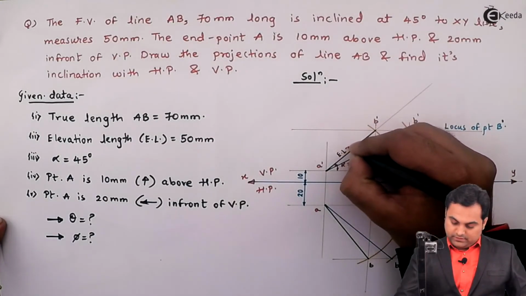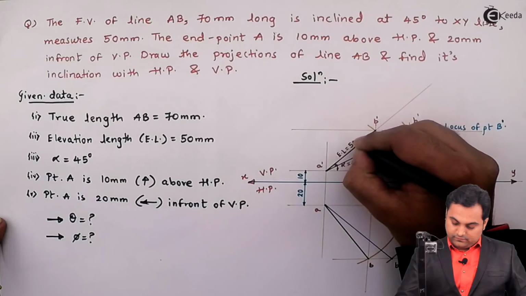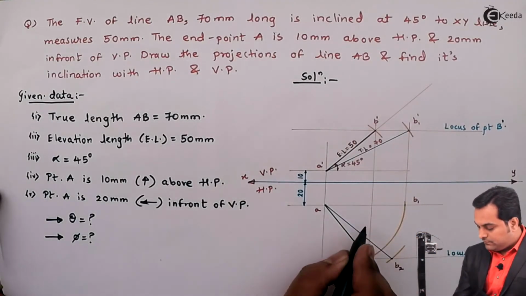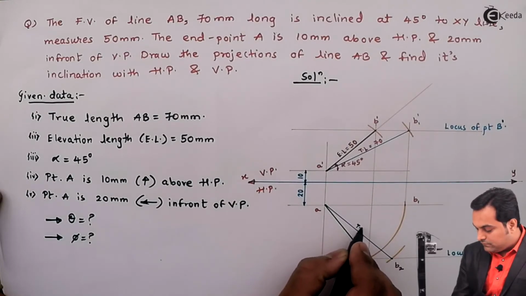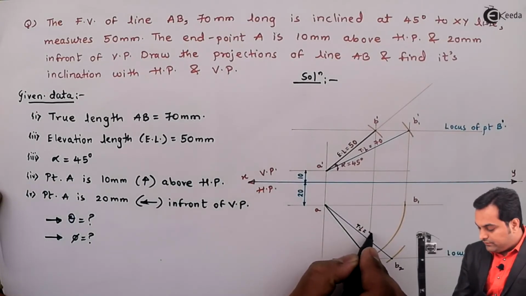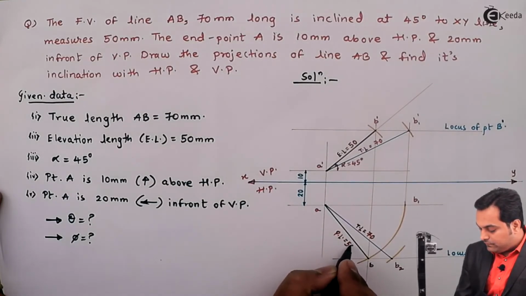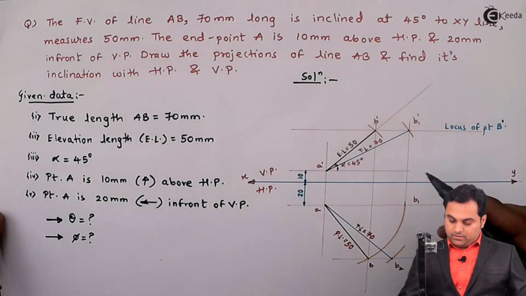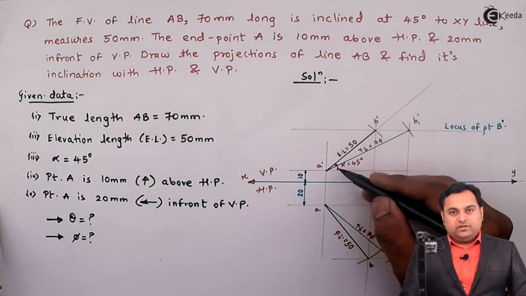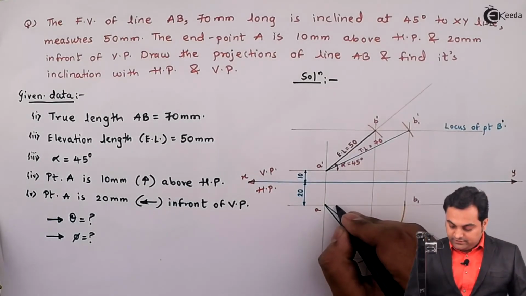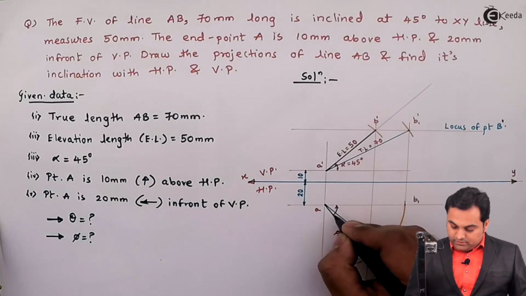This is elevation length 50, true length 70. This is plan length 50. Now elevation length was having an angle alpha. Similarly, the plan length has an angle beta.